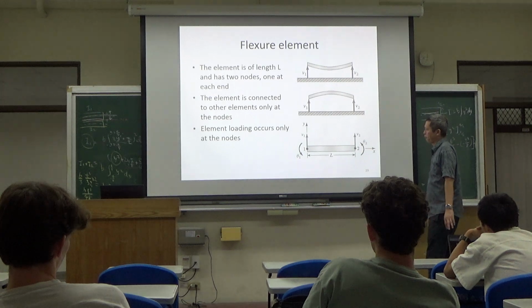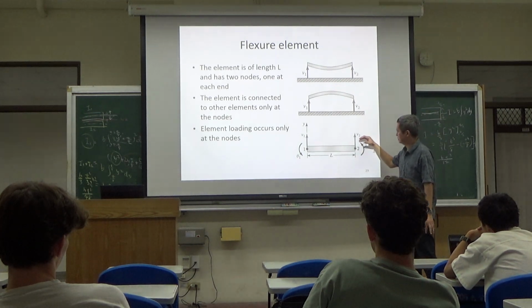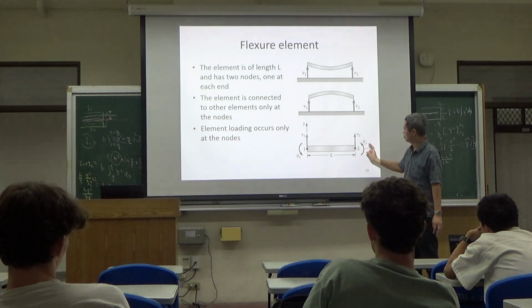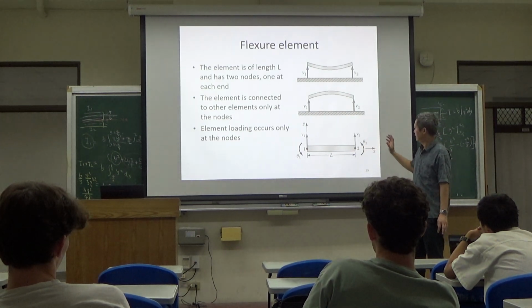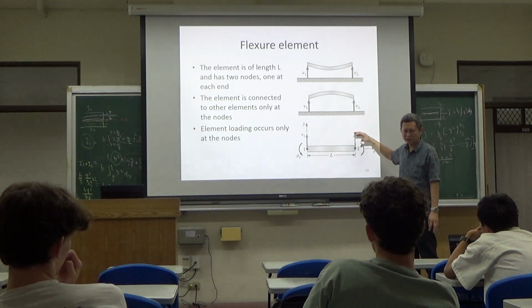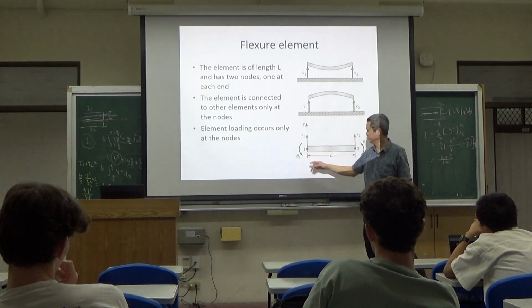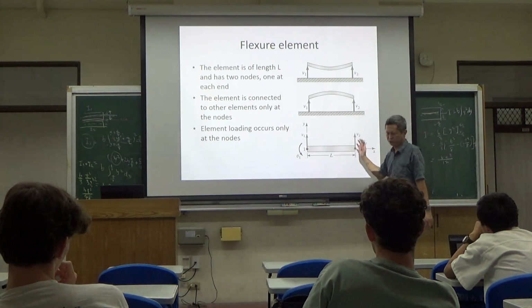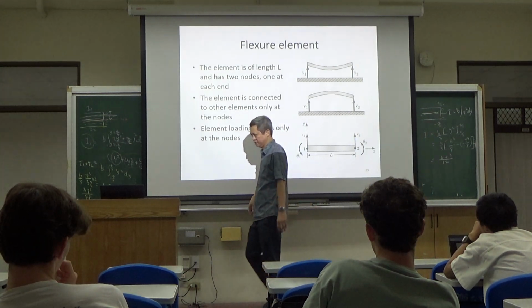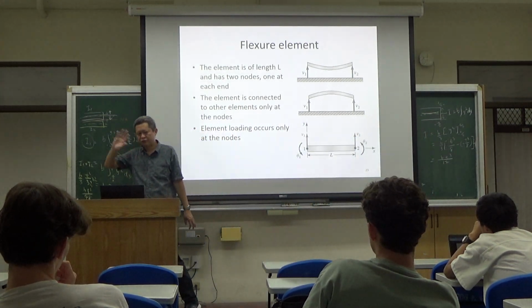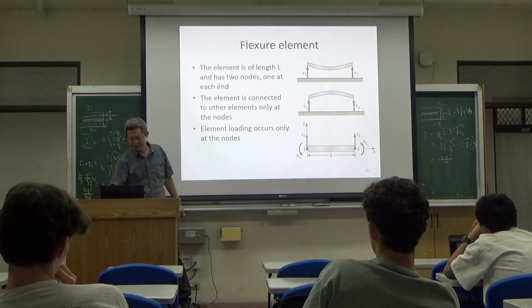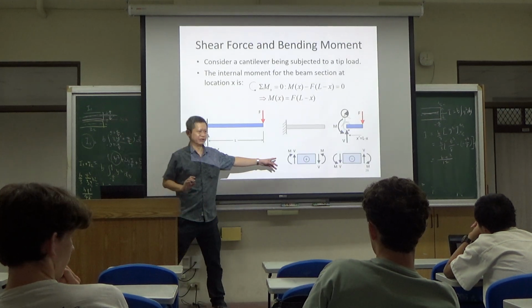Even for the bending, we also stick to a consistent convention. Any moment counterclockwise is positive. On the left hand, theta one. On the right hand, theta two. It's all counterclockwise positive. So we don't want to go the way of mechanics of materials.